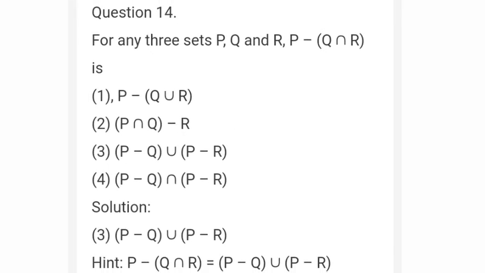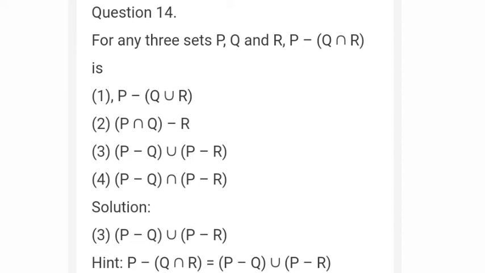Question number 14. For any three sets P, Q and R, P difference Q intersection R is: first one, P difference Q union R; second one, P intersection Q difference R; third one, P difference Q union P difference R; fourth one, P difference Q intersection P difference R. Here the question is P difference Q intersection R. That is a formula of set difference.